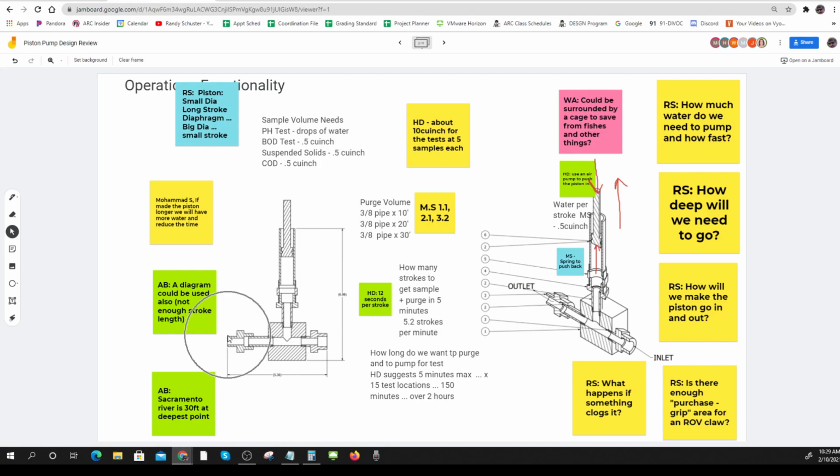It's 5 inches from here to here. So if I put a 3-inch diameter on here, is it going to cause a problem? Anybody have an idea as to whether one of these is invalid because of space? Could be too big for the ROV claw, but that's a good point.